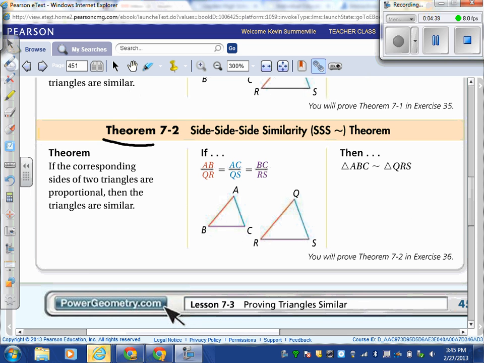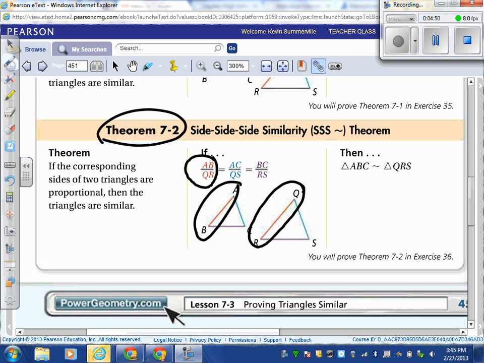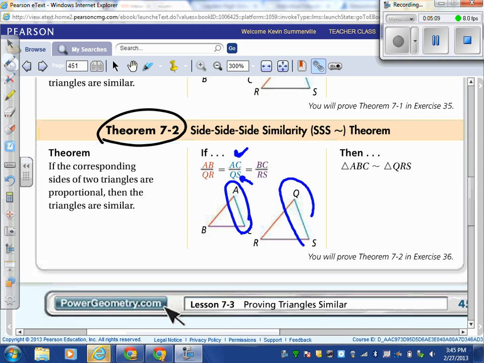If we take a look at theorem 7-2, they're saying that if you take side AB over side QR, and then take side AC over QS, you'll find out that BC over RS.